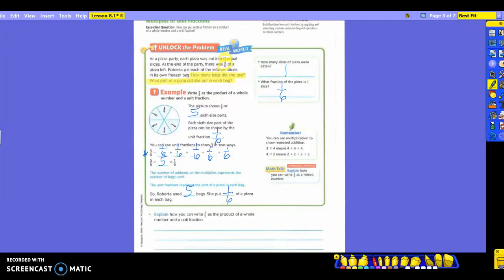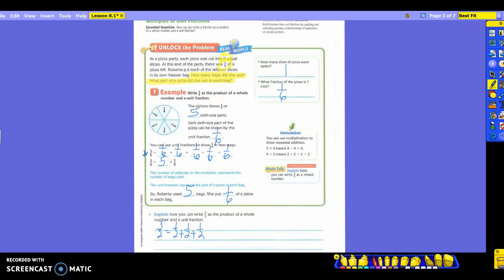All right, now we have to explain how we can write 3/2 as the product of a whole number and a unit fraction. Well, look at this. What am I in? I'm in halves, so I can write it as what? So how do I know how many I'm doing? Where do I look? At the numerator. So we're going to do 3/2 is equal to 1/2 plus 1/2 plus 1/2.